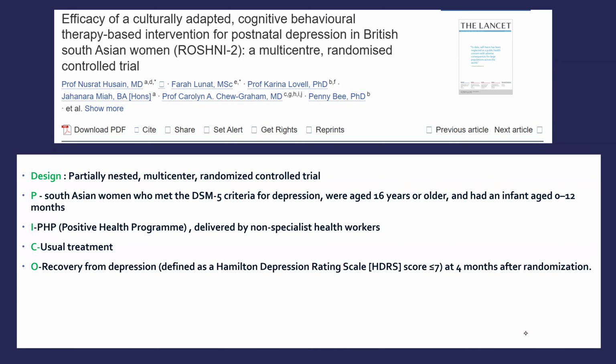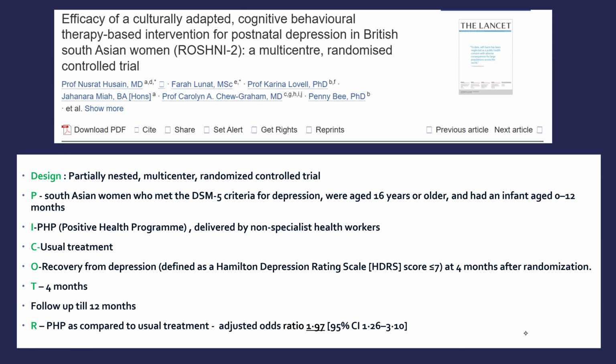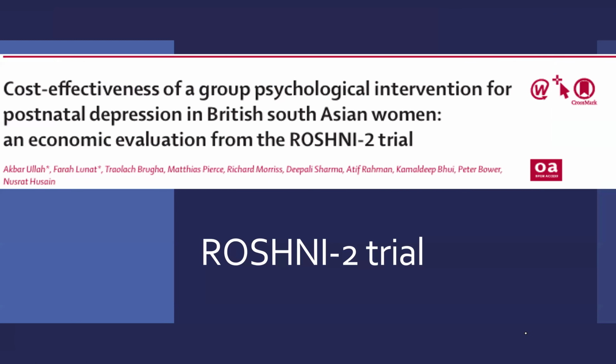They had defined it at 4 months by a rating score. Score less than 7, they had defined as recovery from depression. This was done over 4 months, but they had a follow-up later for 12 months. And this had shown benefit. The adjusted odds ratio was 1.97 with a good confidence interval, around 97% benefit in the intervention compared to the control arm. So the data is taken from that, but this is the economic analysis of the same.